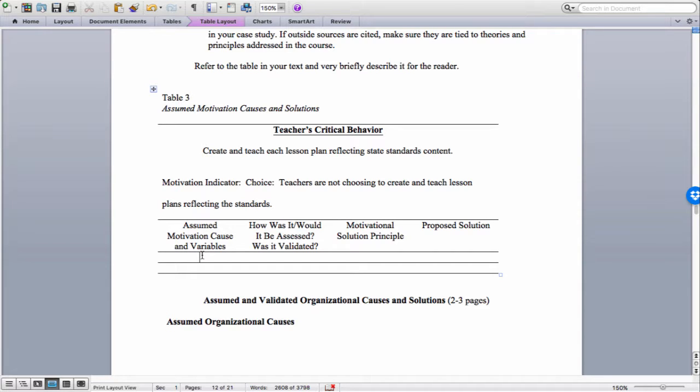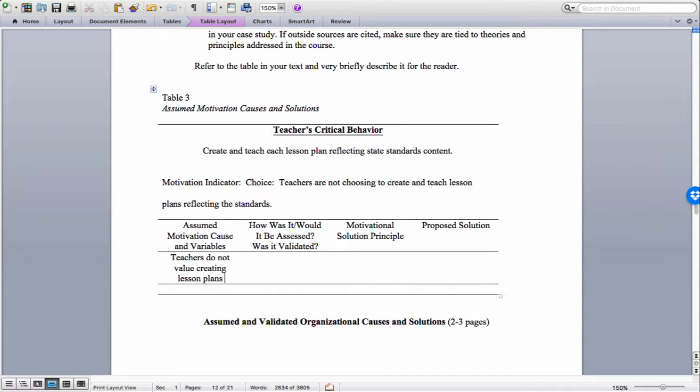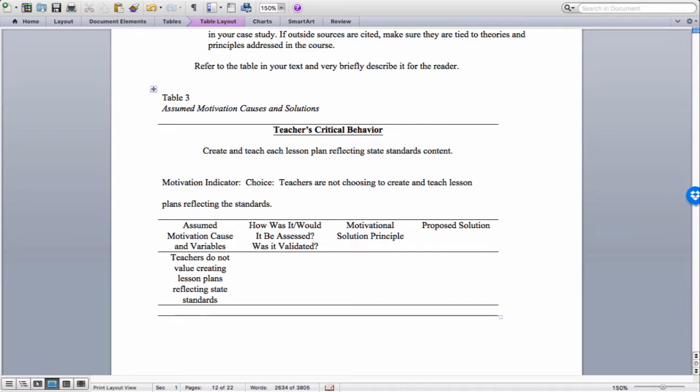Okay. So now that you've done that and you have the choice, or persistence or mental effort, then you ask yourself, what are the primary underlying constructs for choice in my case here? And one of the primary underlying constructs is that teachers do not value. So teachers do not value creating lesson plans with the state standards, okay? Reflecting state standards, okay?